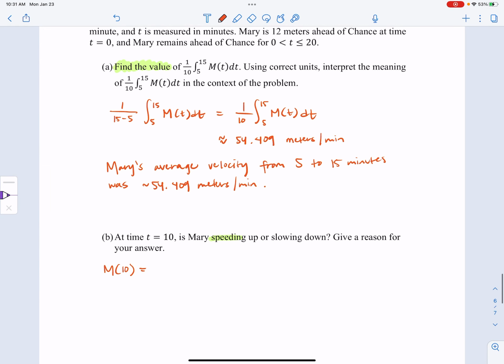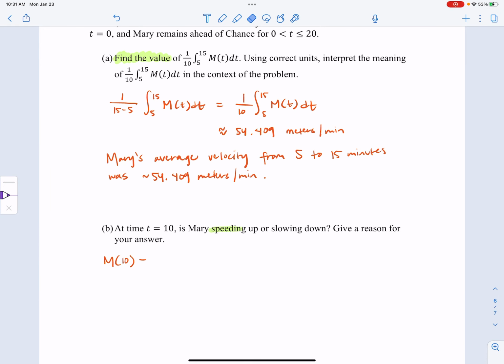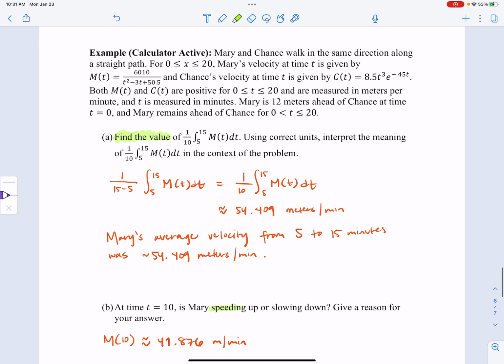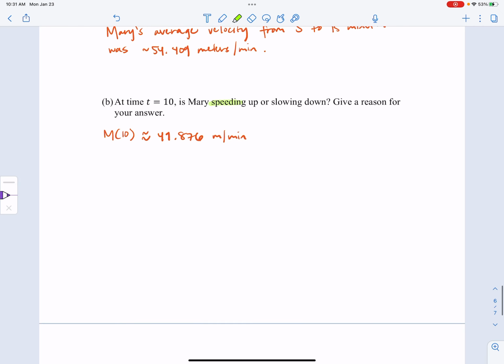So m of 10 ends up being approximately 49.876 meters per minute, which wasn't even necessary because we were given that m of t is positive from 0 to 20. So we know that m of 10 will be greater than 0.